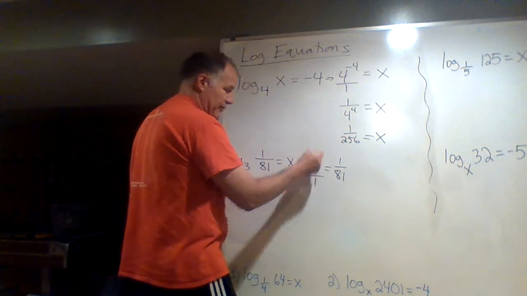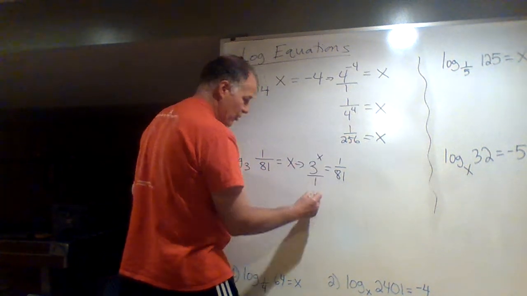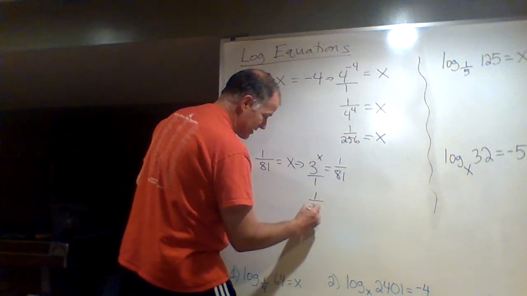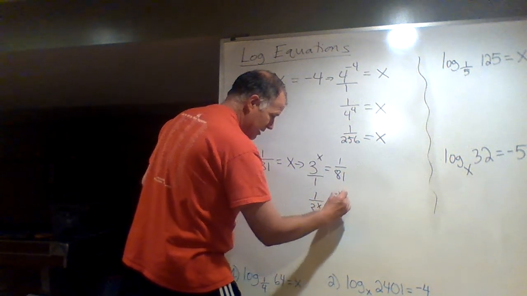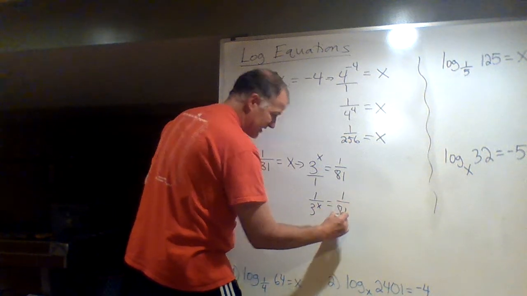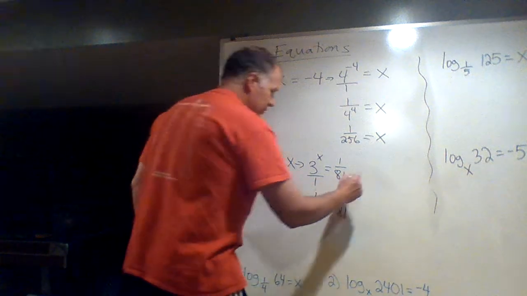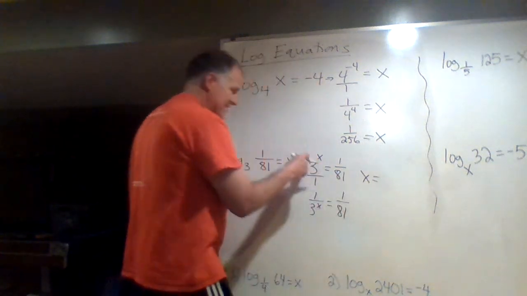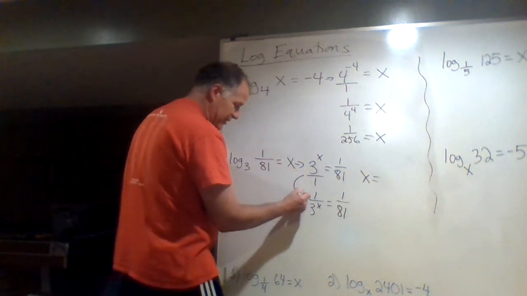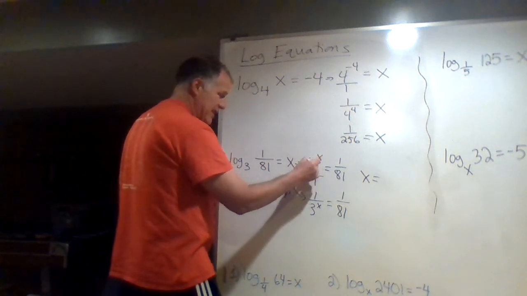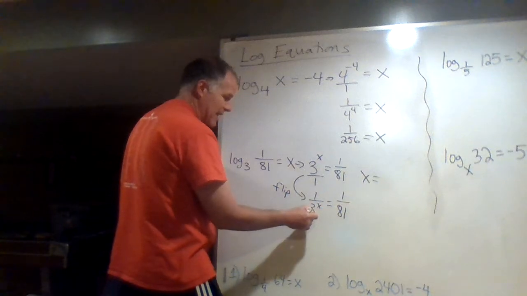This has to flip over. So this 3 to the x needs to go to the bottom so that I can get that 81 on the bottom. So again, I flipped over, didn't I? I flipped right here. The 3 to the x on top became 3 to the x on the bottom.